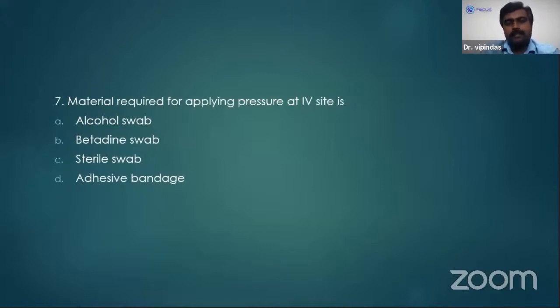The material required for applying pressure at the IV site. It's the IV site, it's not about the tourniquet. It is at the IV site region. The alcohol swab is not recommended at the injection site. So here the answer is sterile swab.